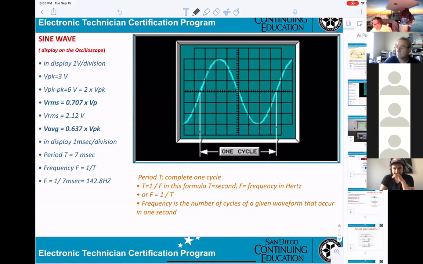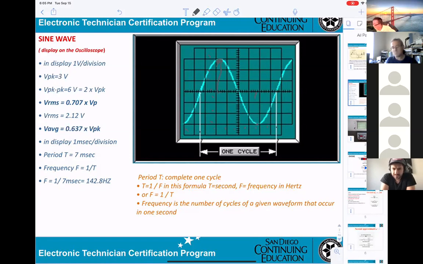So by definition, the voltage from 0 going to the top is called V peak. Or the voltage from 0 going down to the bottom is also V peak. And the voltage from the top to the bottom is called peak to peak.